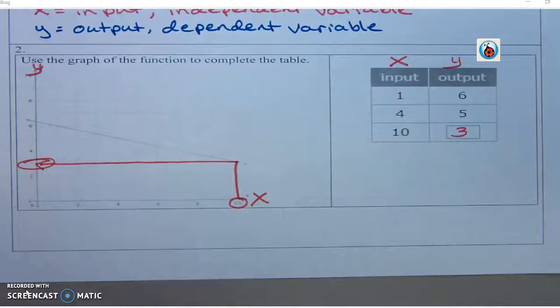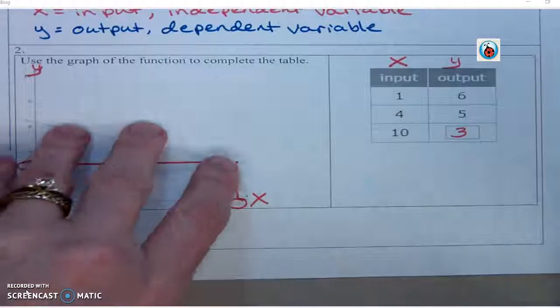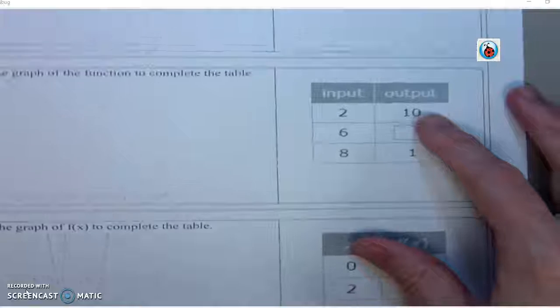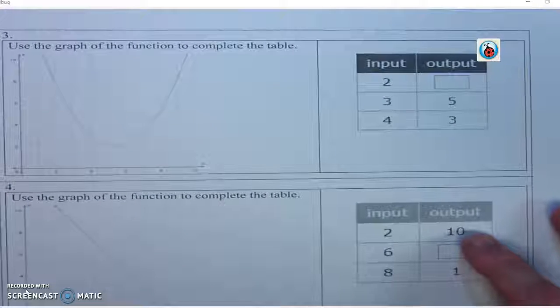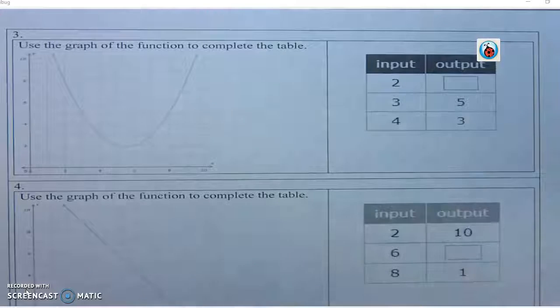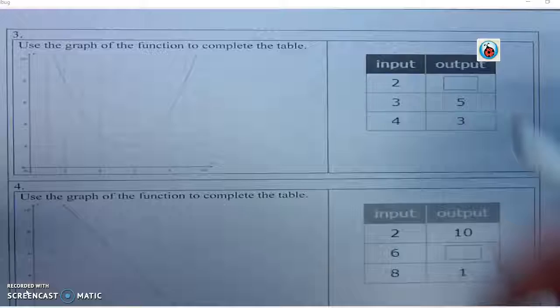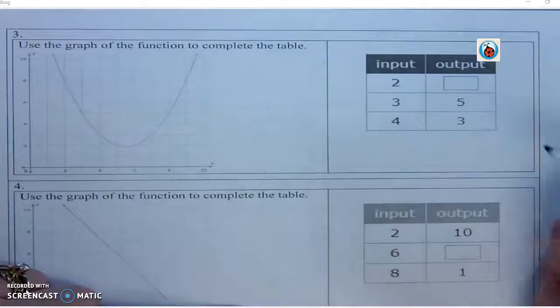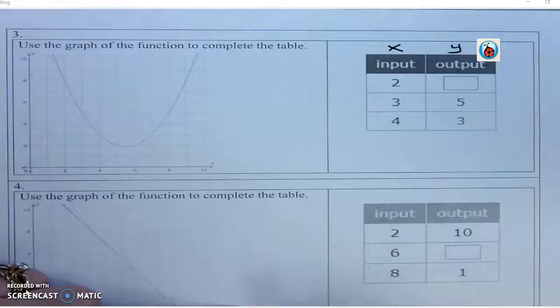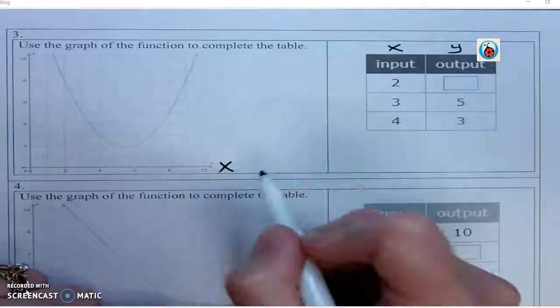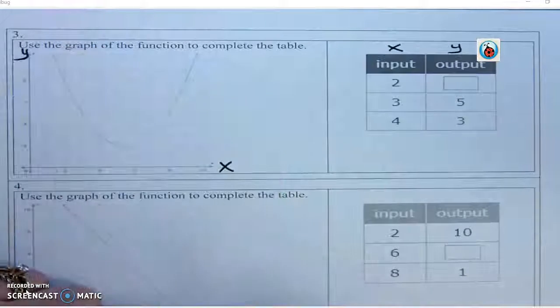Let's go to example 3. Okay, so here in example 3, let's see, we've got an input and an output. Again, input is the X, output is the Y. X-axis, Y-axis.